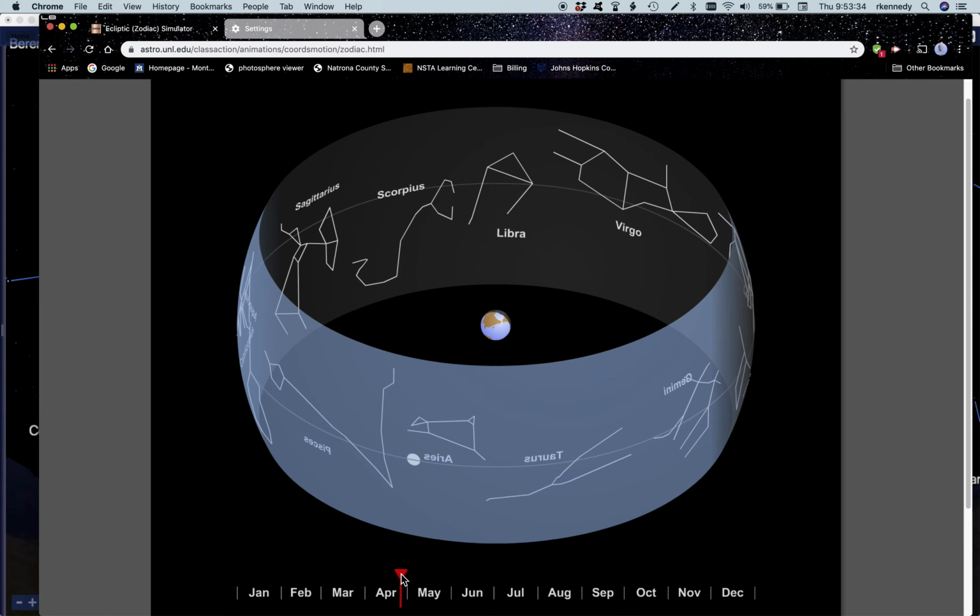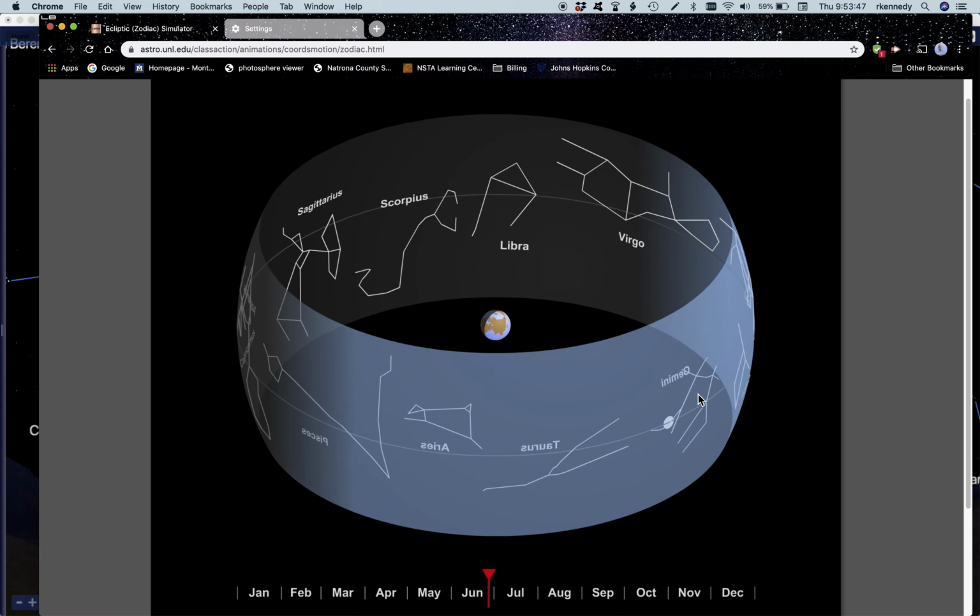As we get into the summer months, as we get into June and July, we can see the constellations Virgo, Libra, and Scorpius.